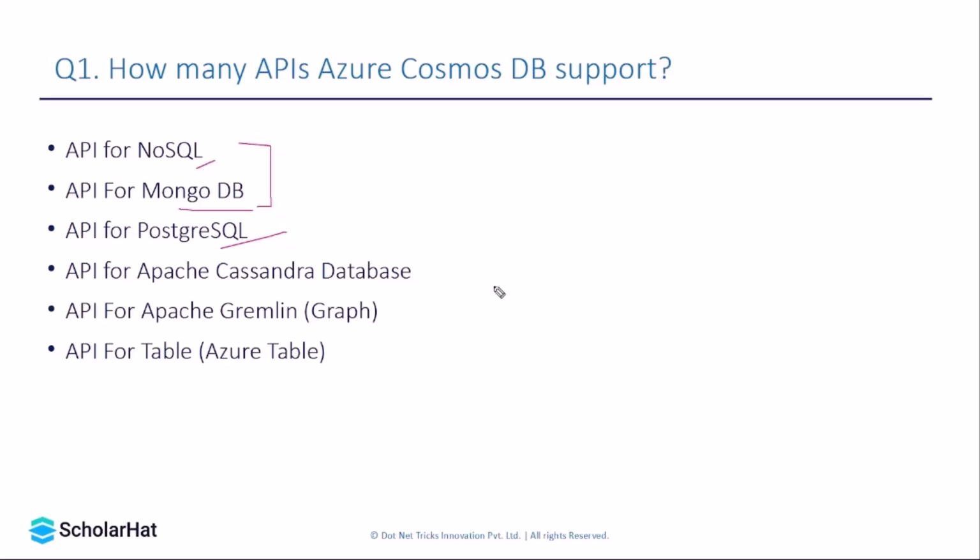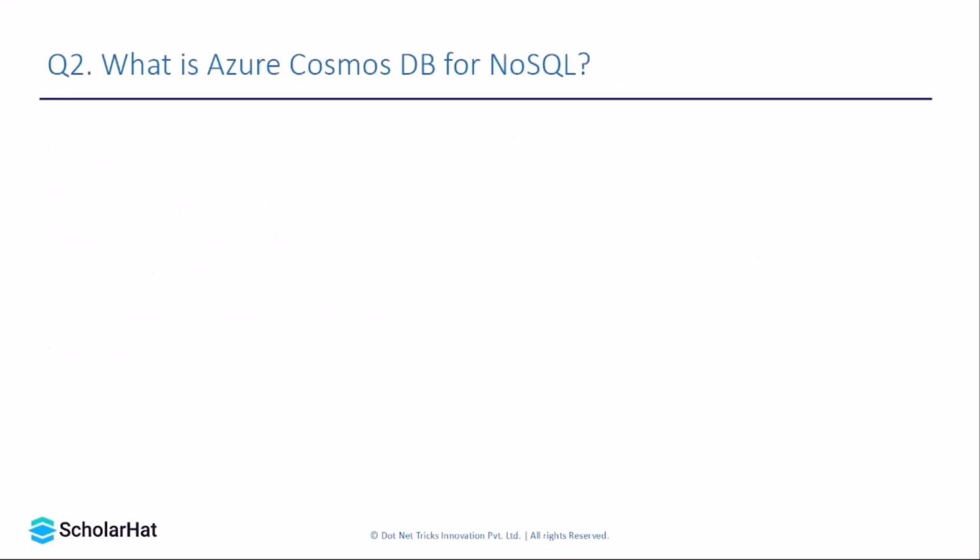Cosmos DB also provides a Graph API which can be used for creating a social media application, and it also provides an Apache Cassandra database API as well. You can see that with the help of a single Cosmos DB account, you can target your application across multiple flavors of databases, and you can deploy it, host it, use it, whatever you want, according to different databases. Now, the next question is, what is Azure Cosmos DB for NoSQL?